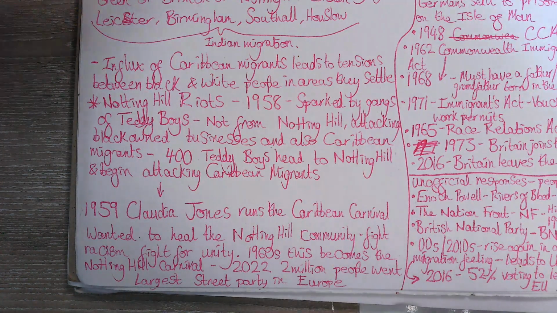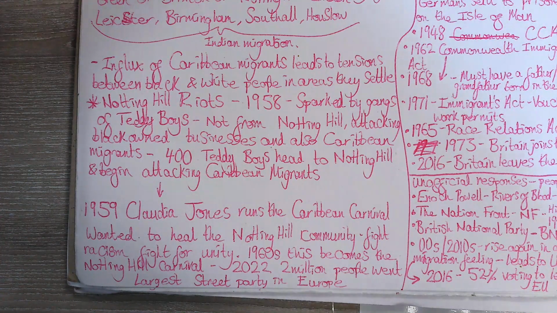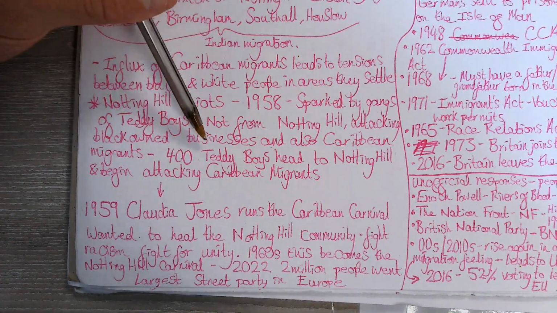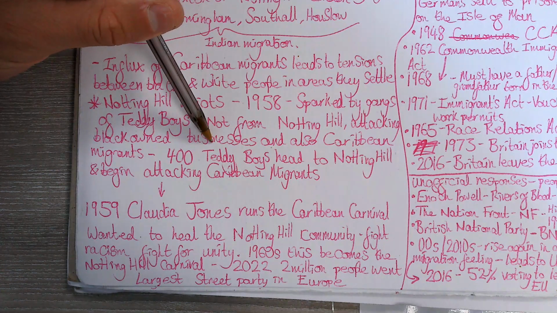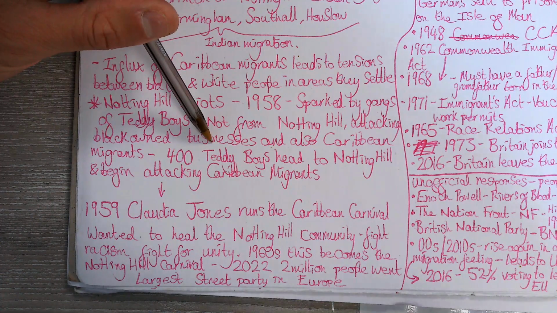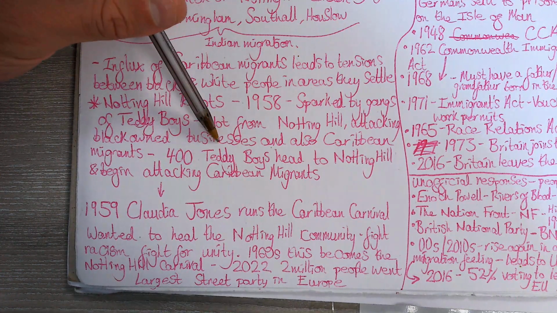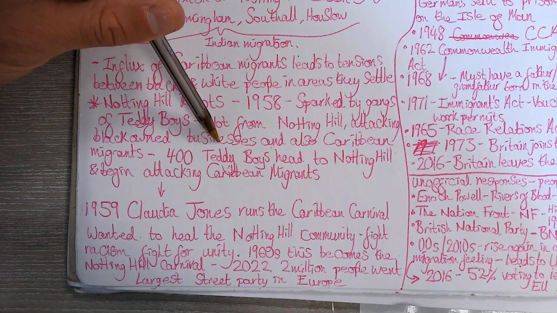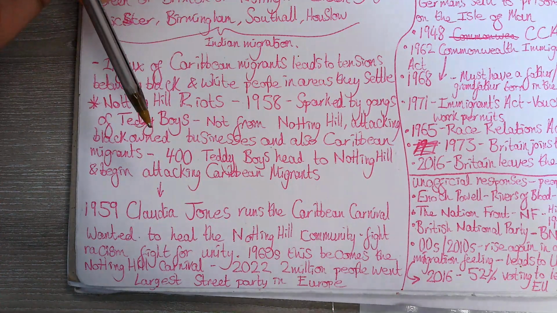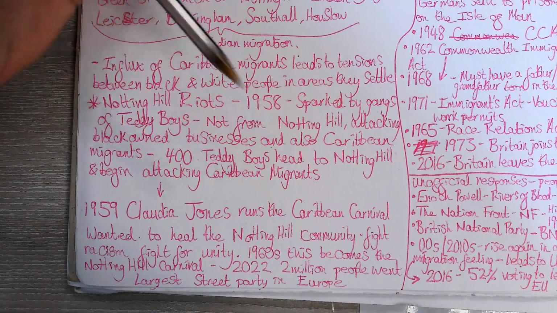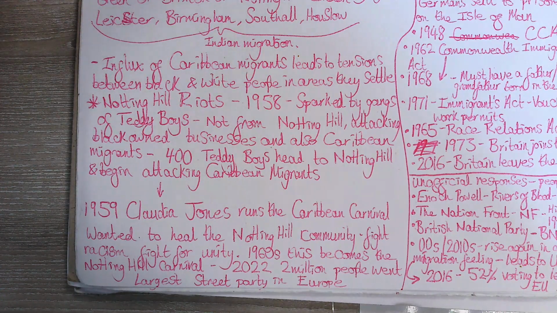What those initial small scale attacks spark is a much wider riot, where roughly 400 Teddy Boys head to the area. Teddy Boys was a youth group or youth movement in the 1950s of typically young men who listened to rock and roll music and dressed a certain way. These 400 Teddy Boys begin what are, let's be honest, racist attacks on Caribbean migrants, their homes and their businesses.